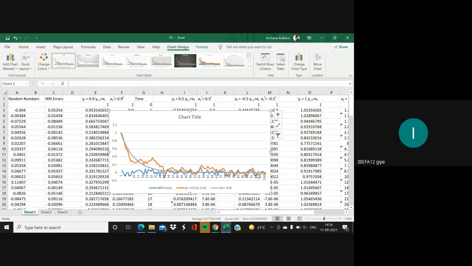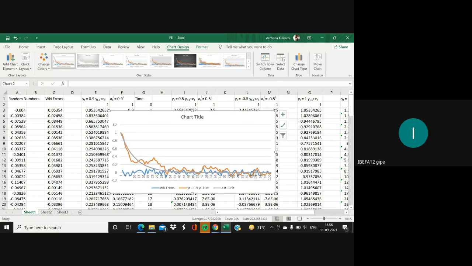If a1 is positive, convergence is direct, otherwise it will be oscillatory if a1 is negative. The same thing is seen over here. Convergence is more or less direct, taking place directly because a1 is positive here.